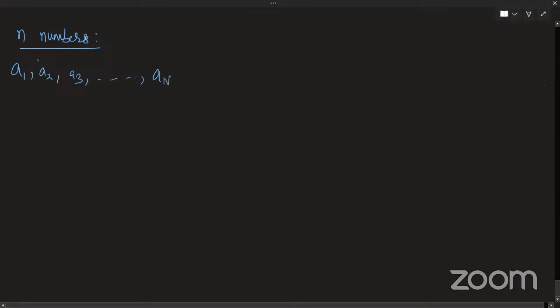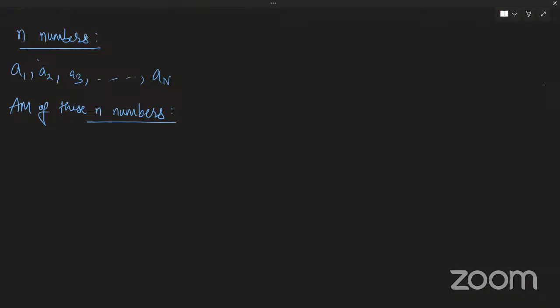And I want to know the arithmetic mean of all these n numbers. Can you tell me what will be the arithmetic mean of these n numbers? Arithmetic mean, I guess everyone knows, right? Mean, average.